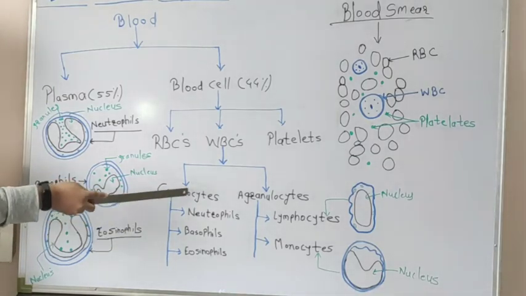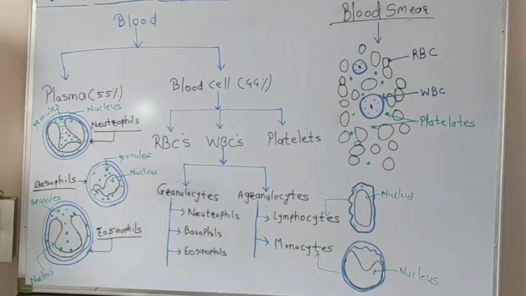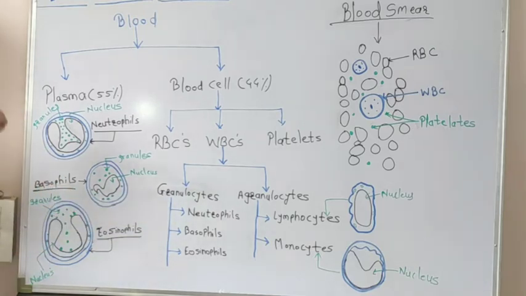First we will see the granulocytes and their types. These granulocytes are divided into neutrophils, basophils and eosinophils. These granulocytes have a granular cytoplasm, and that's why they are called polymorphonuclear leukocytes or PMLs. And these granulocytes have three types, and in every type the nucleus has a different shape.